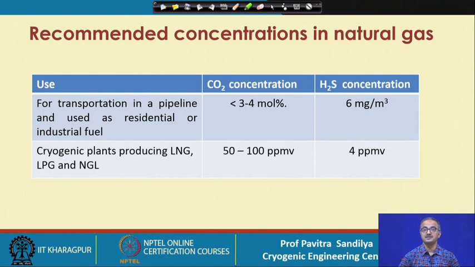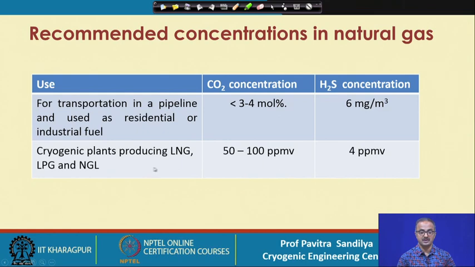So, for these reasons we need to remove these two gases, and here in this table we find the maximum permissible limit in natural gas. For transportation in a pipeline or use as residential and industrial fuel, the carbon dioxide should be less than 3 to 4 mole%, whereas H2S concentration should be less than 6 milligram per cubic meter.